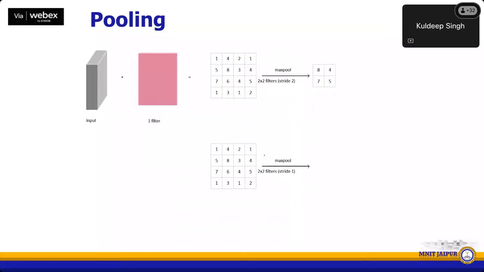Similarly, we can have another max pooling with a stride of 1. Of course, the dimension will be higher in comparison with this one where we have stride as 2, and so on. So instead of max pooling, we can also have average pooling or min pooling based on the requirement of the model.